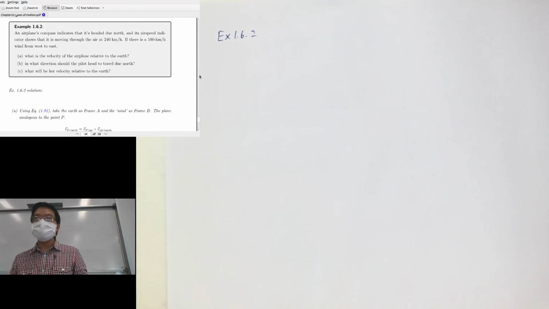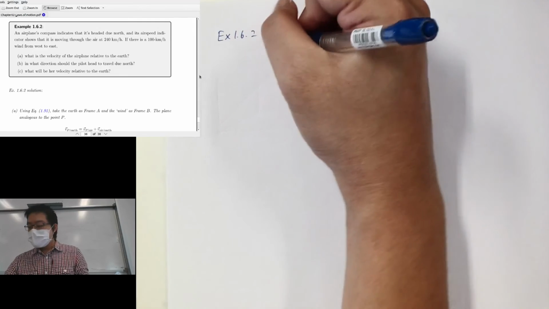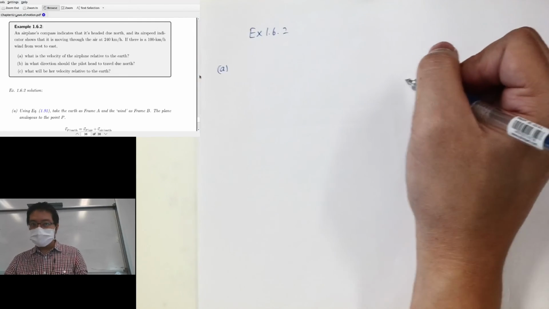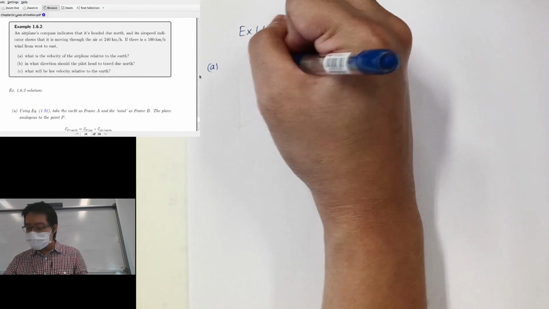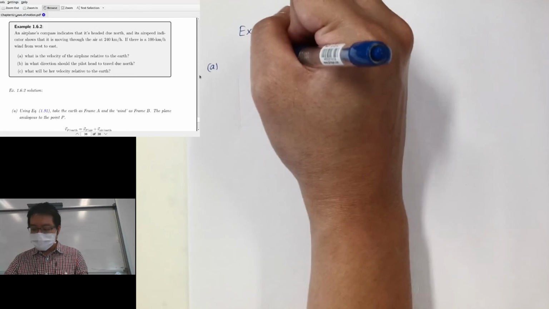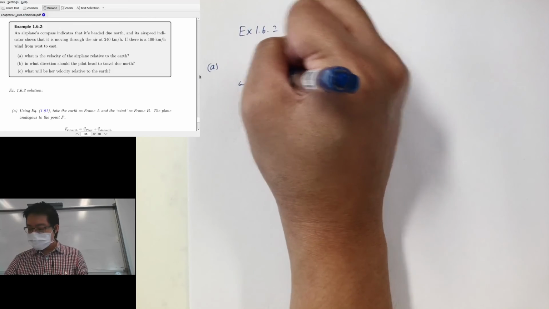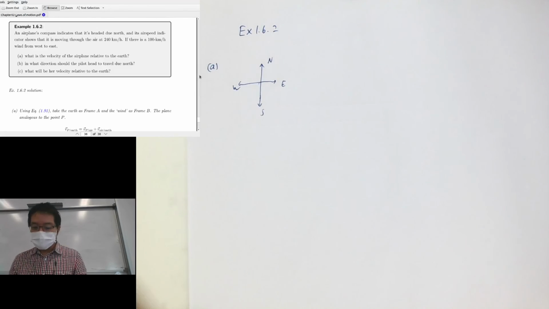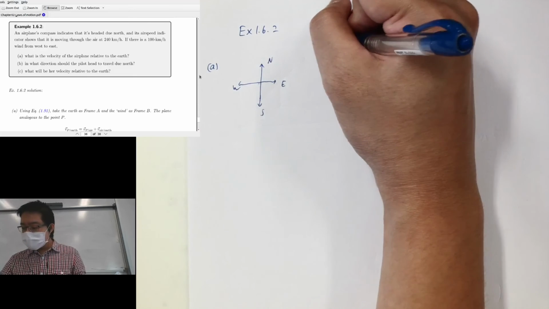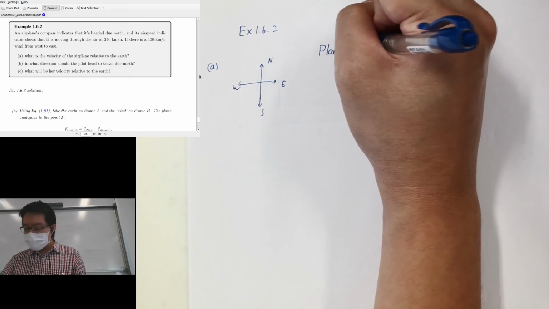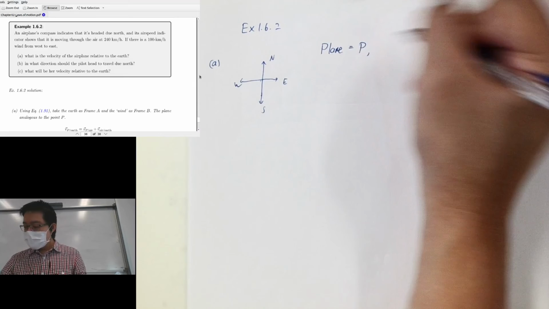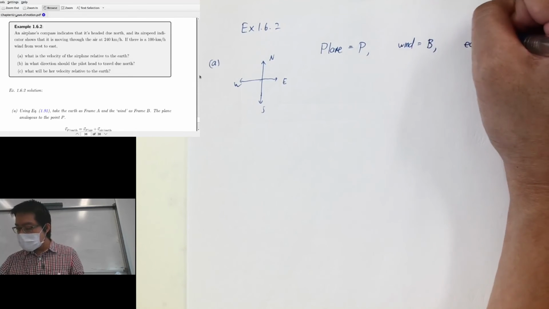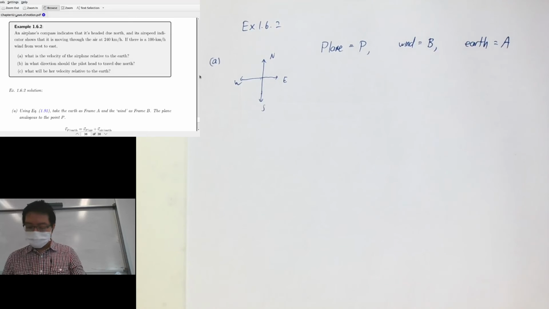Again, we shall assign who is A, B, and P. For this question, we will take our coordinate system to follow north, south, east, west. My positive x is east, my positive y is the north direction. And then I can decide my plane to be point P, my wind to be B, and my earth to be A.